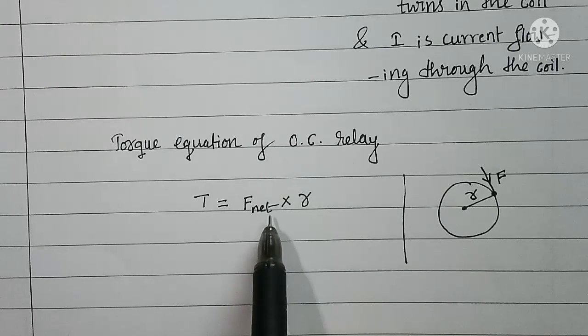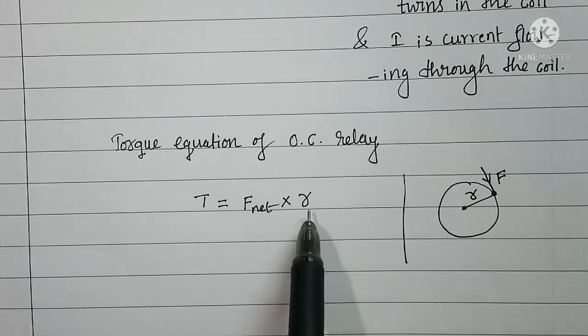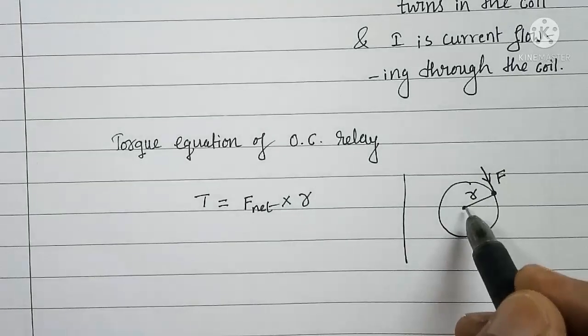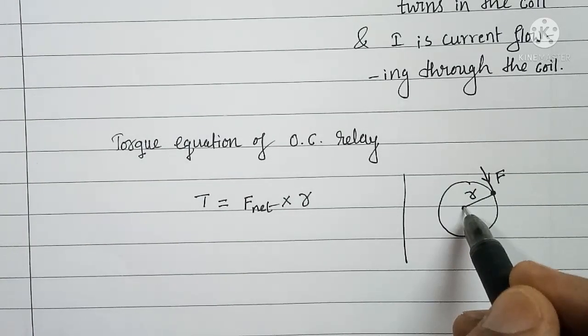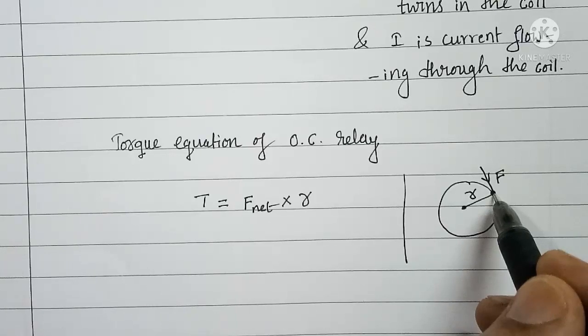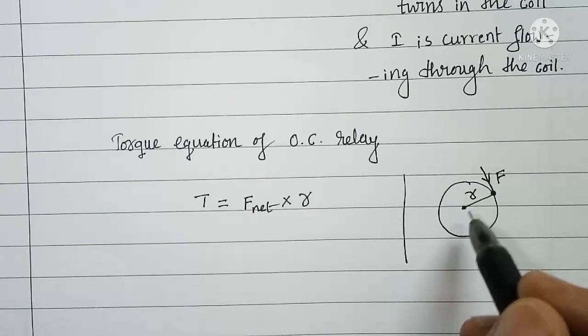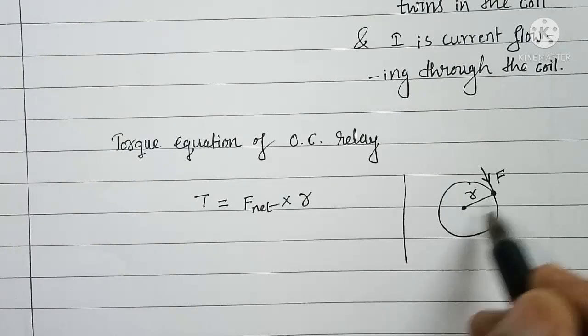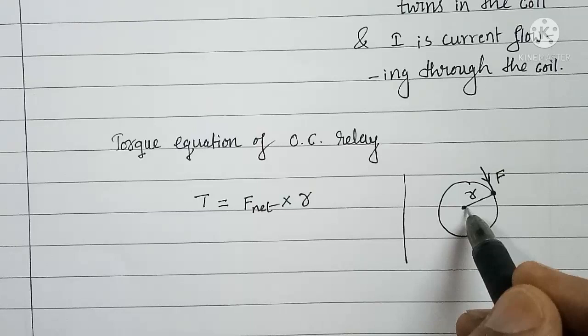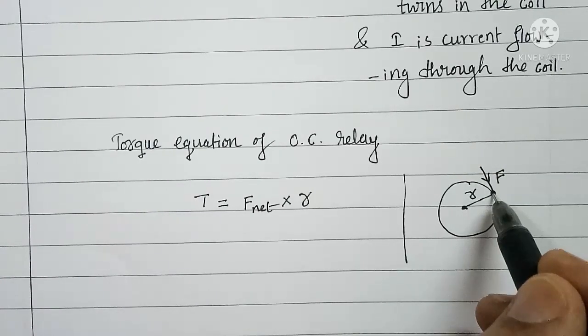That we have studied in last class. And R here is the distance between center of aluminum disc and the point of action of force. Here it is not exactly the radius of the aluminum disc. It is the distance between center of aluminum disc and the point of action of force.